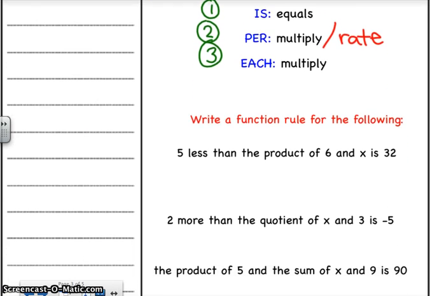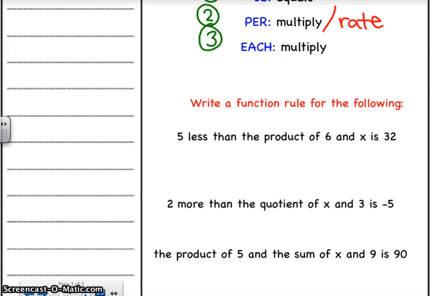So we just jump right in. We're going to write a function rule for the following word problems. 5 less than the product of 6 and x is 32. 5 less than, well that tells me right away I do something minus 5.